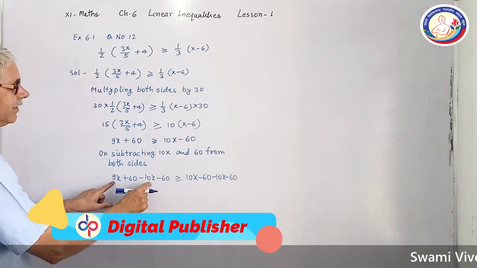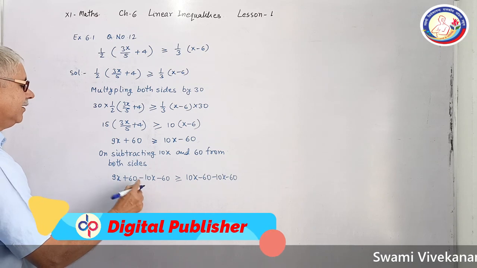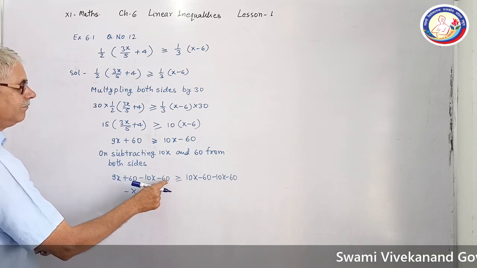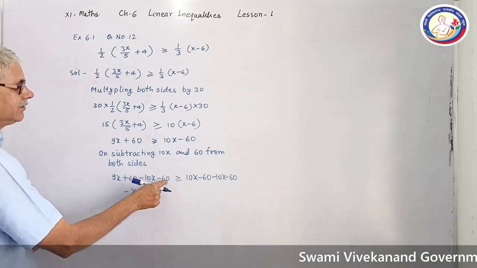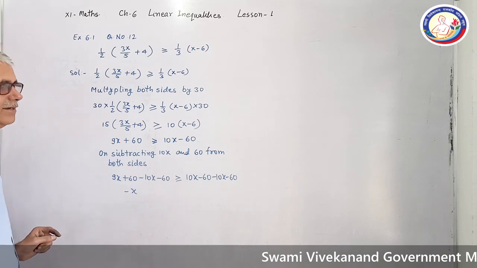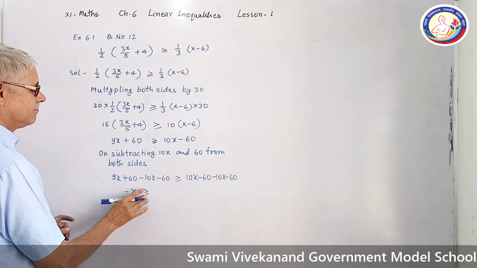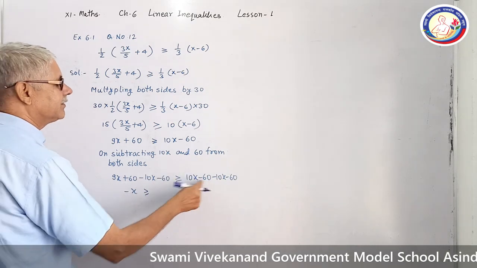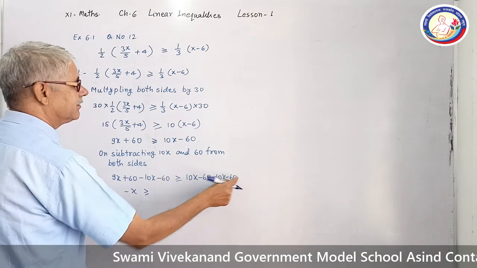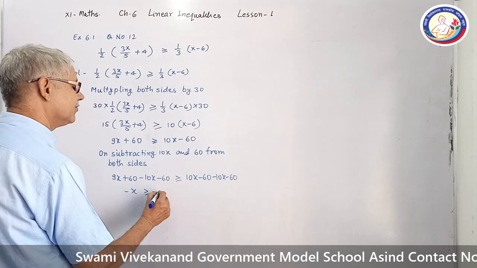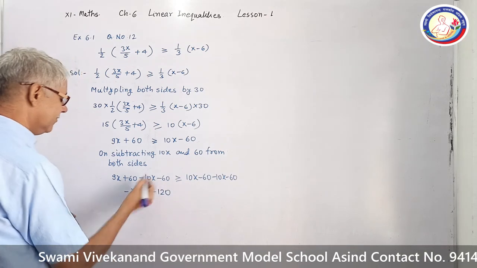So 9x minus 10x, that will be minus x, and 60 plus and minus 60, it will be 0. Now 10x cancels 10x, and minus 60 and minus 60 both are negative, so we will add them: minus 120.